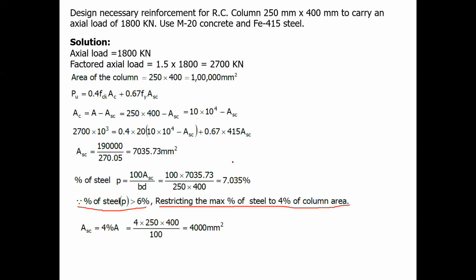Okay, next. So you have the area now. What you have to do? You have to calculate the number of bars, right? Take down number of bars. Assume 25 mm dia. Number of bars is equal to 4000 divided by pi d square by 4, the area of the dia which you have considered.